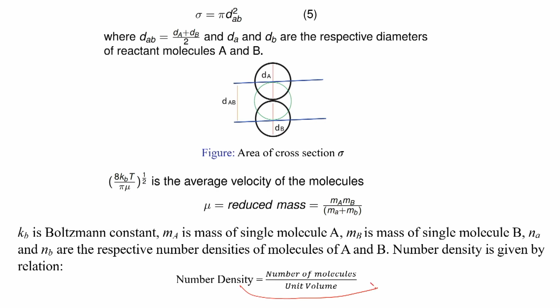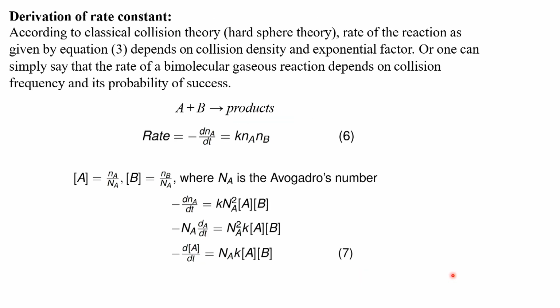The number of molecules has no unit in the numerator, and in the denominator we have the volume term, so N by V basically. So the unit of number density is length to the minus 3, or meter to the minus 3. Now we discuss how to derive the rate constant.